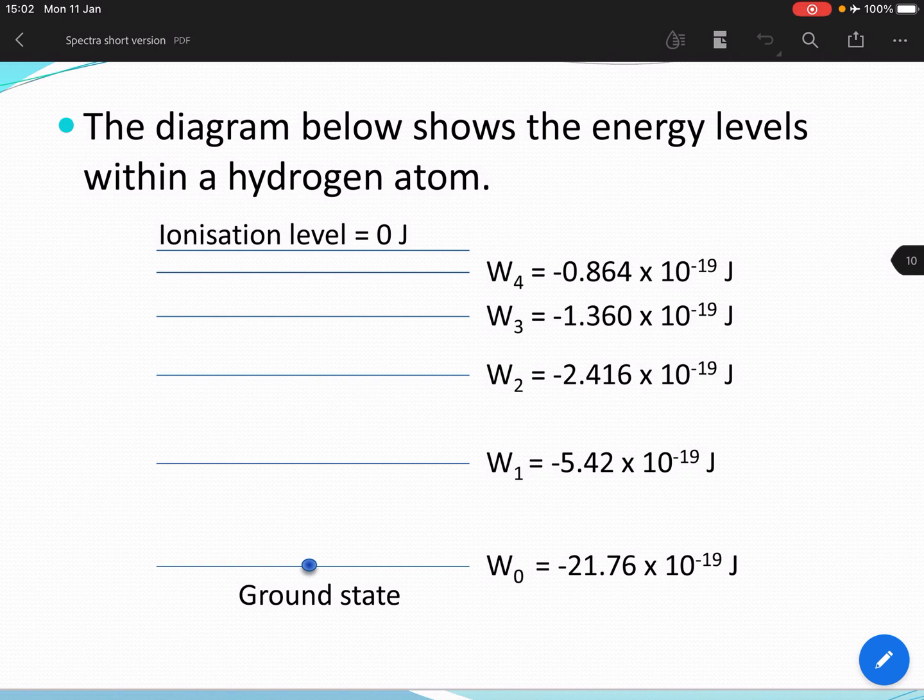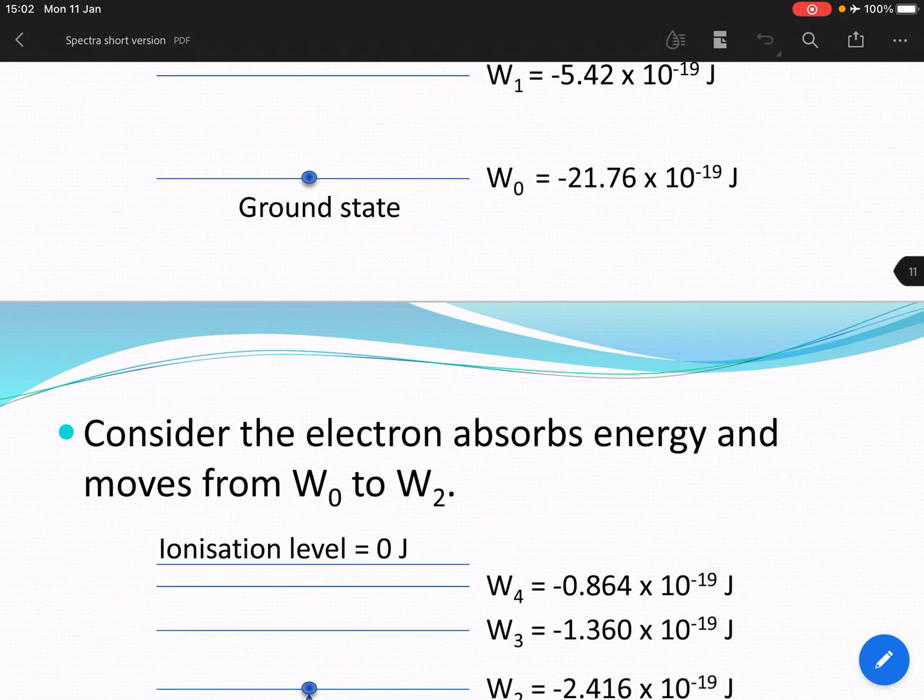It can move between them if it's got enough energy. So if it's given approximately 16 times 10 to the minus 19 joules of energy, it'll go from W0 to W1. If you give it another 3 times 10 to the minus 19, it'll go up to W2, and so on. When it then drops back down again, it gives out photons of light as it goes down.